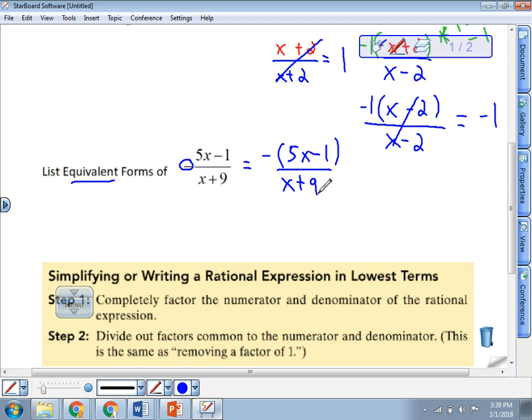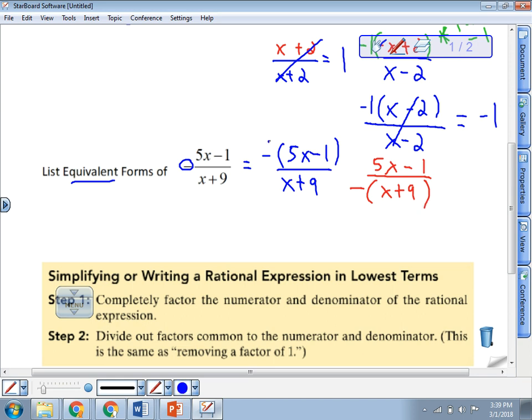Now, if I wanted to, I could also rewrite that as, I'm going to slide down here a little bit, I'll change colors, 5x minus 1 over negative x plus 9. That would be another equivalent form, because remember, you can move the negative to top or bottom. Another way to rewrite that is if we distribute the negatives.